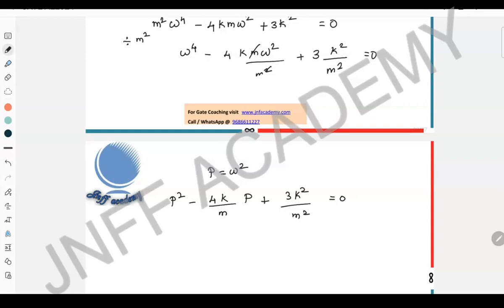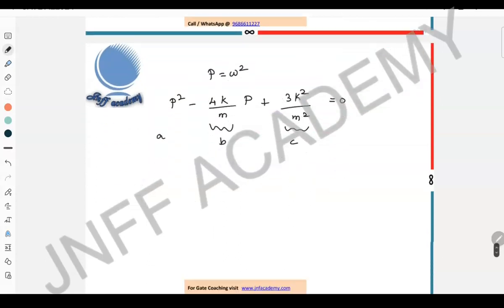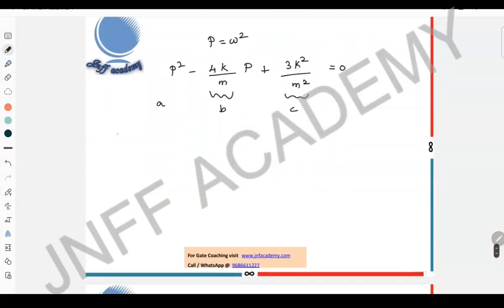So the coefficient of p square is taken as a, and this coefficient is taken as b, and this constant is taken as c. Now we can write the formula: p is equal to minus b plus or minus root of b square minus 4ac by 2a. So we will write everything in this format.